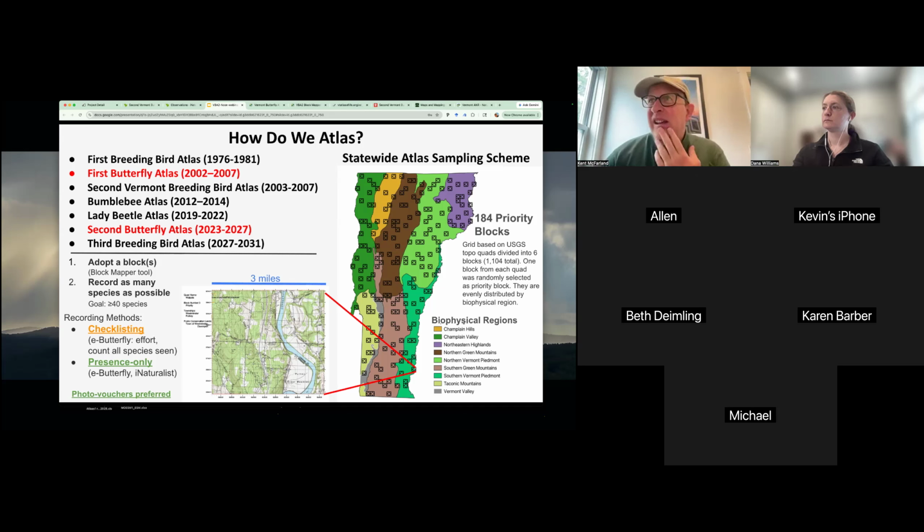But thankfully, they are spread nicely across Vermont ecologically. There's 184 of them. And so for us to get this second butterfly atlas done, we need to do at least, at a minimum, all 184 blocks surveyed for butterflies rather well.